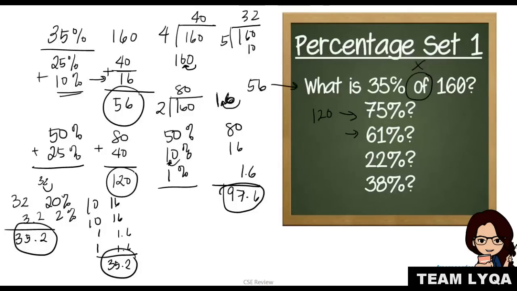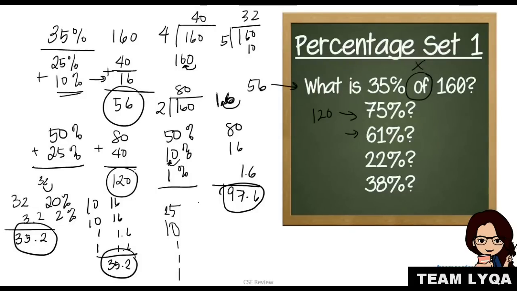Okay? So, yung 38%, pwede kang 25. Okay, you have 25. Wait, hold on, nagka-problema yung aking sensor. So, you have 25, and then you can use 10 para maging 35 siya, and then 1, 1, 1.